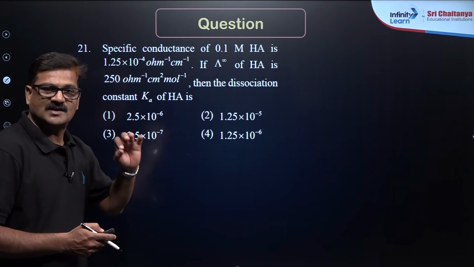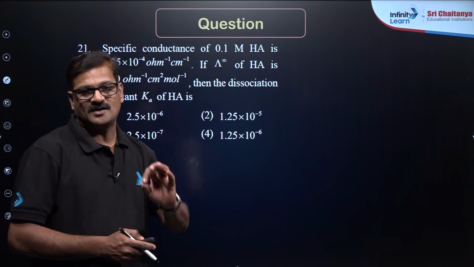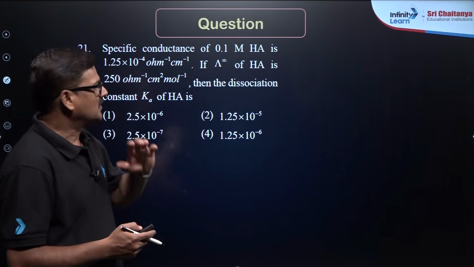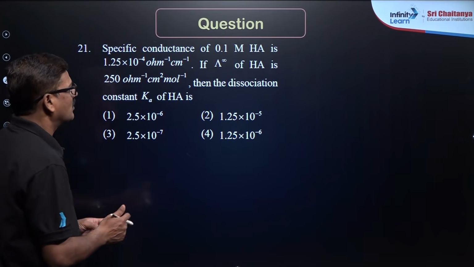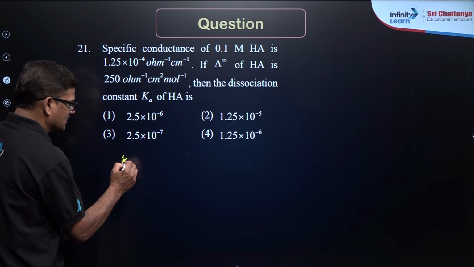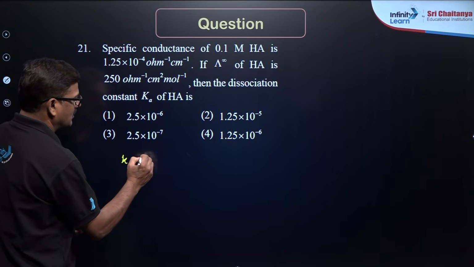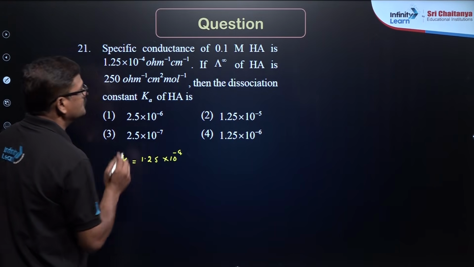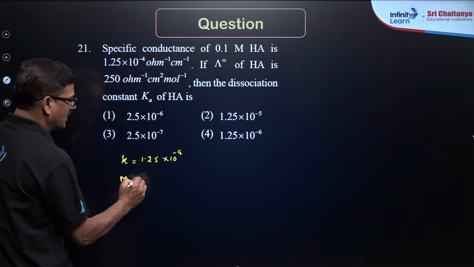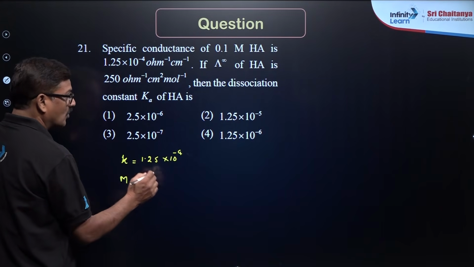Students, this is a question based on Kohlrausch law applications. Specific conductance kappa K is given as 1.25 into 10 raised to negative 4, and the molarity is given as 0.1 molar.